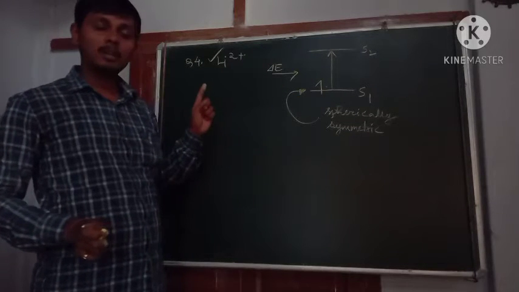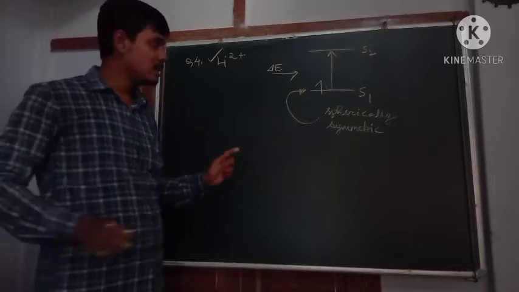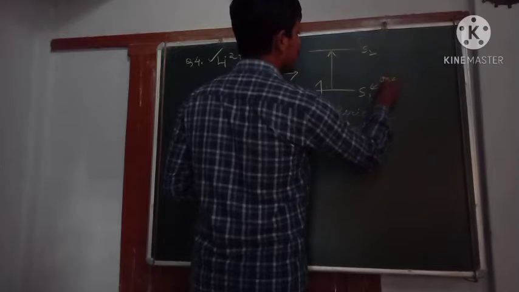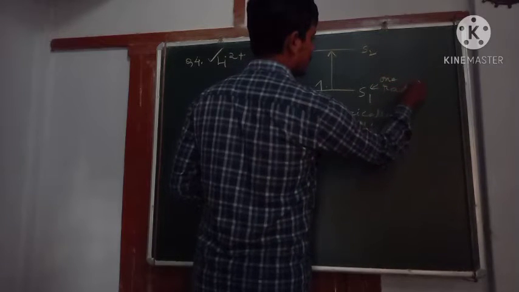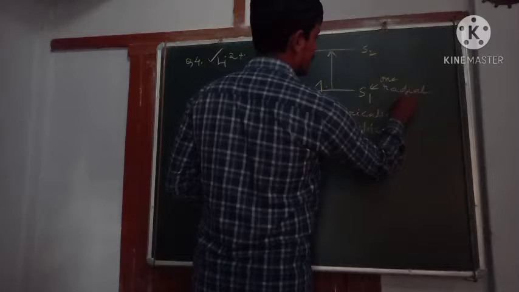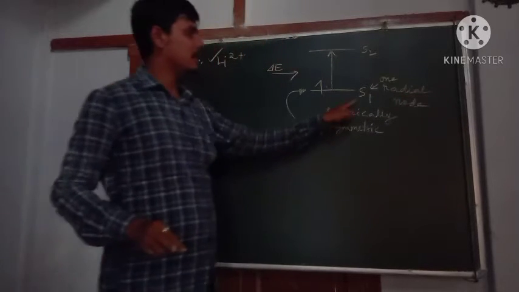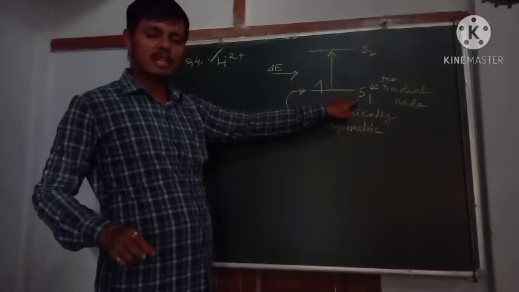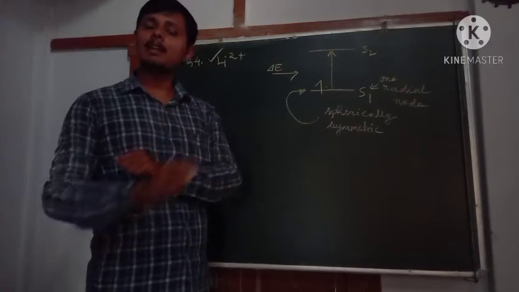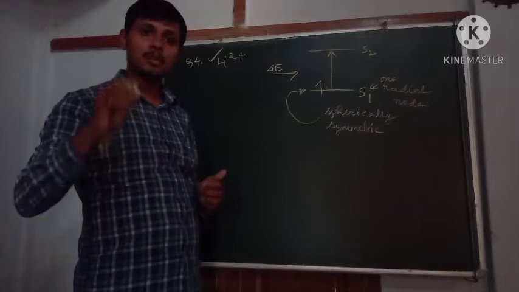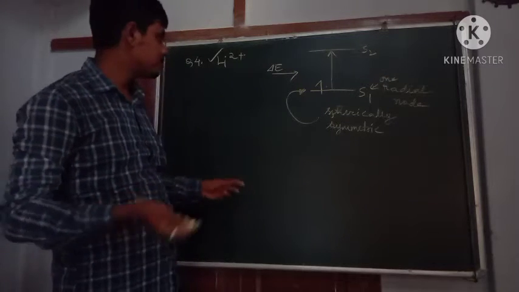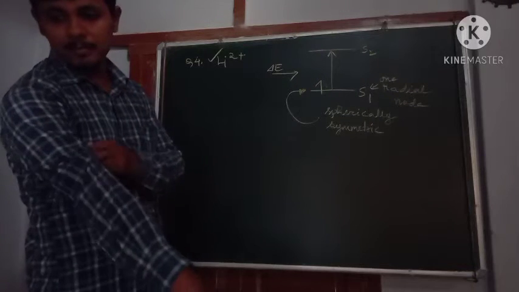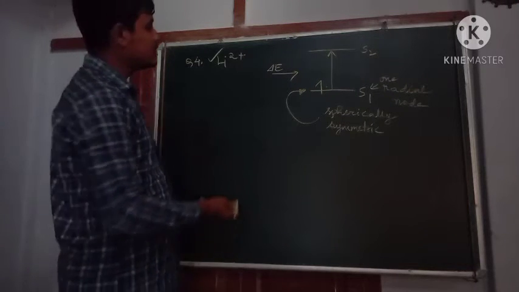Now the hint given to you in this question is that this state S1 has one radial node. One more thing that is given to you is the energy of the state S2.